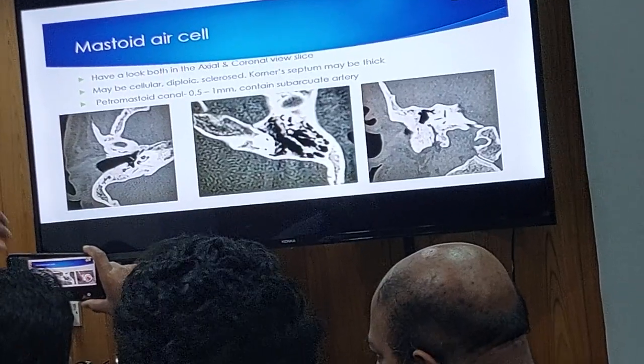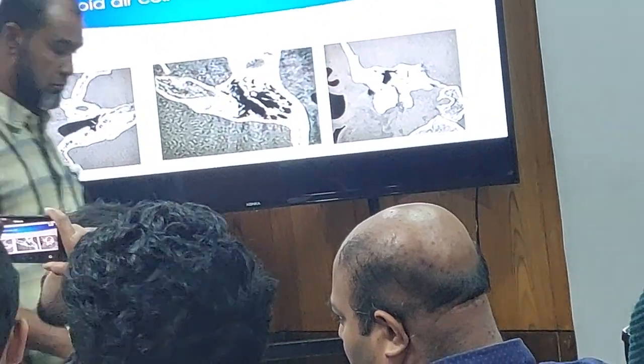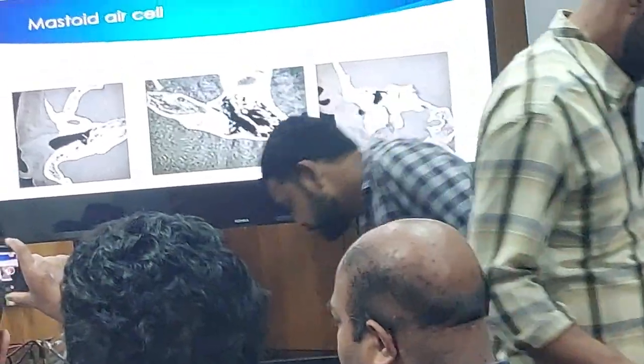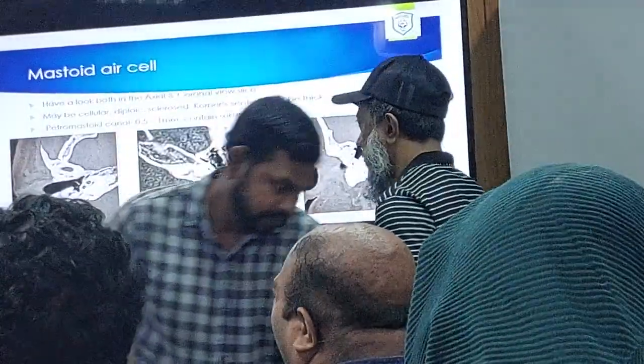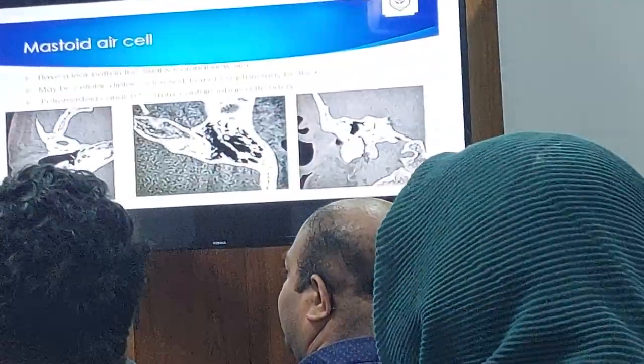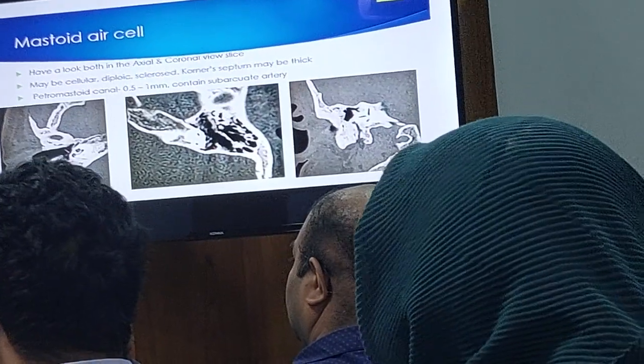This Korner's septum is not always present in every temporal bone. Sometimes the Korner's septum is very thin, and it misguides us in reaching the mastoid antrum.